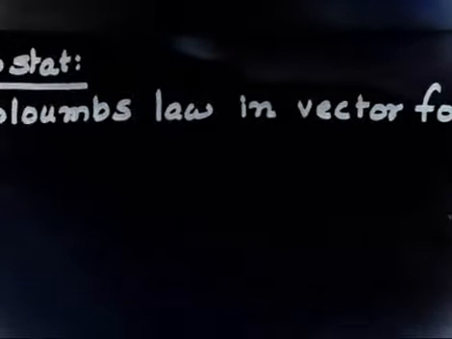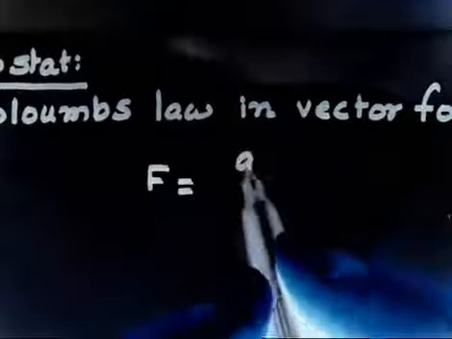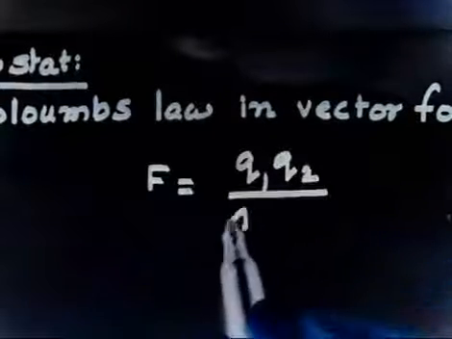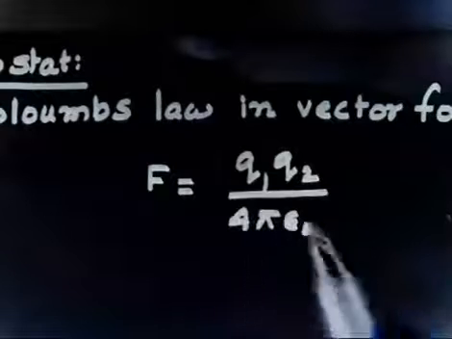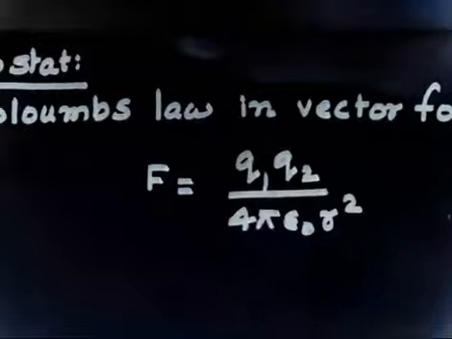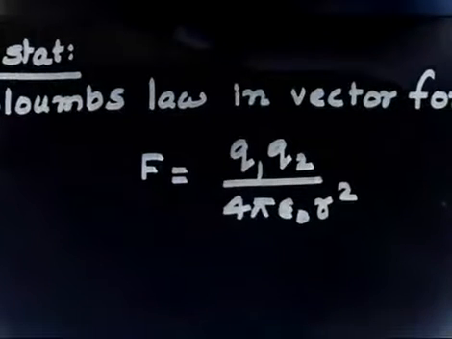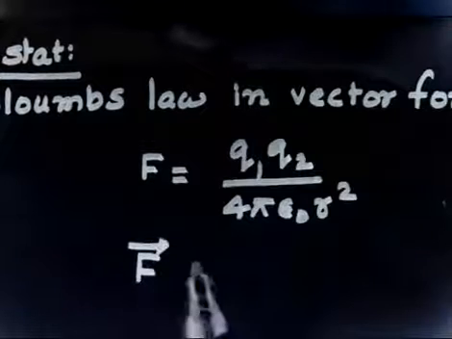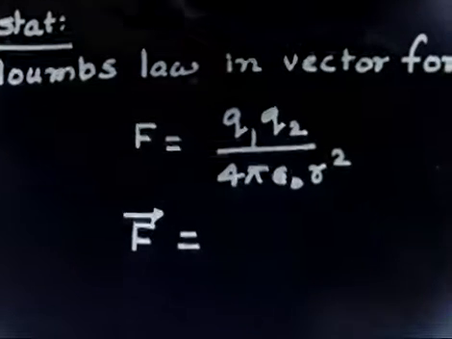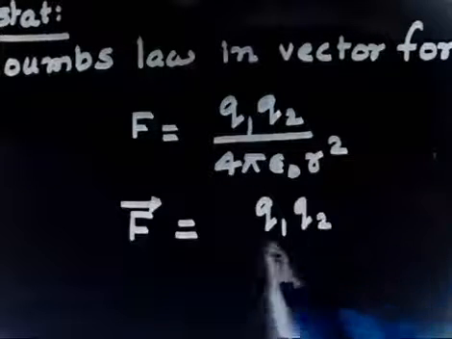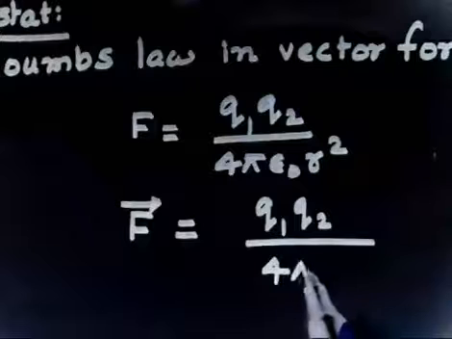If you write it in scalar form, force is given by Q1 Q2 divided by 4 pi epsilon naught r square. The same equation can be written in vector form as F equals Q1 Q2 by 4 pi epsilon naught r cube, times vector r.